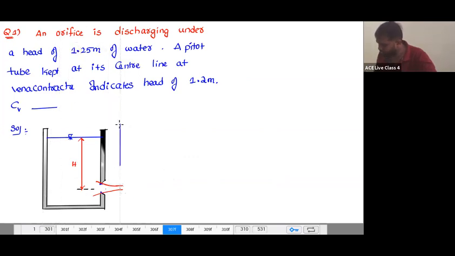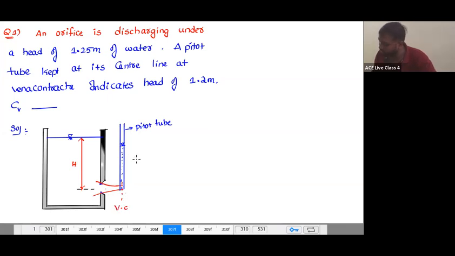I am going to insert a pitot tube over here. After insertion of the pitot tube, whatever the water level rises into the pitot tube, how much it rises is nothing but the velocity head.